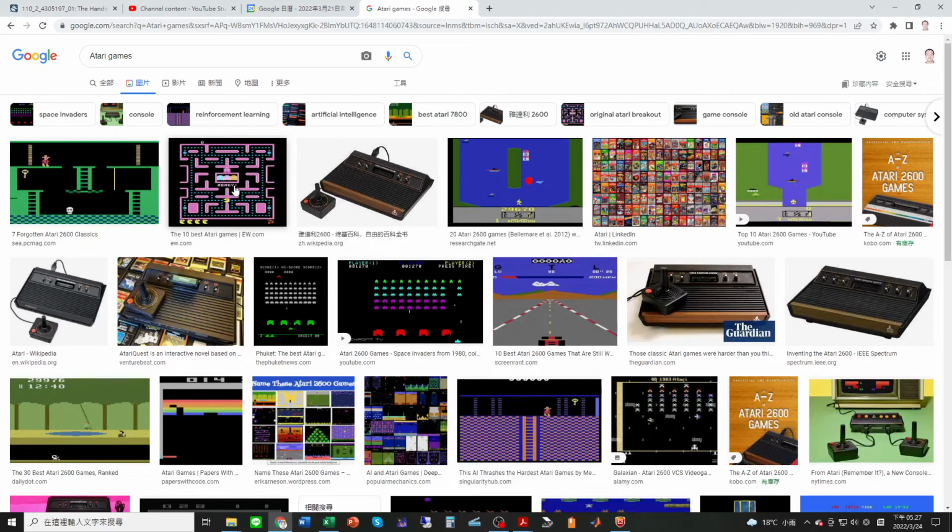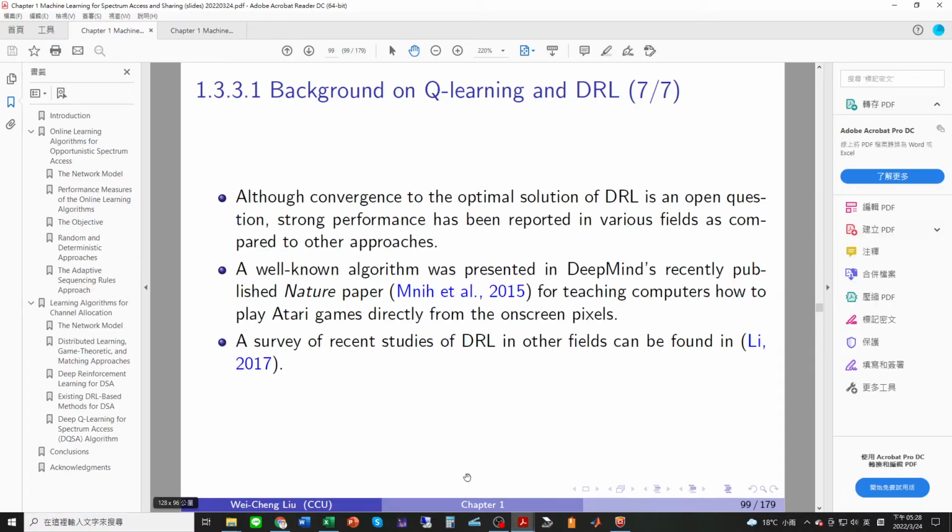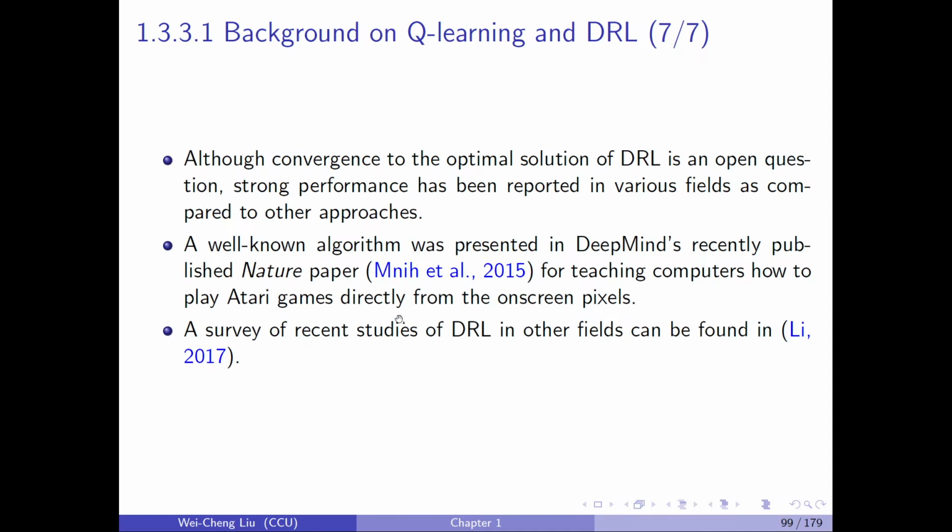Do you remember? Or like this, or like this, etc. These are Atari games. Atari games directly from the on-screen pixels.